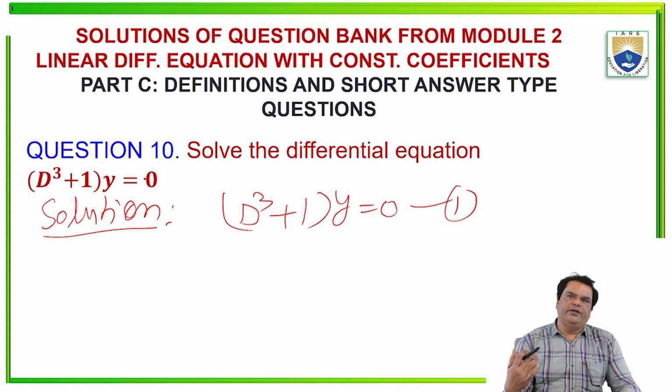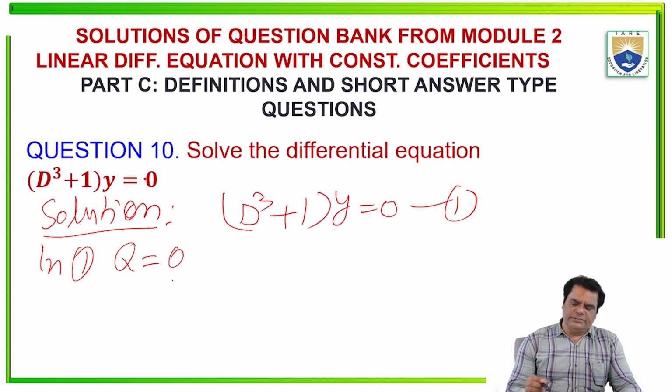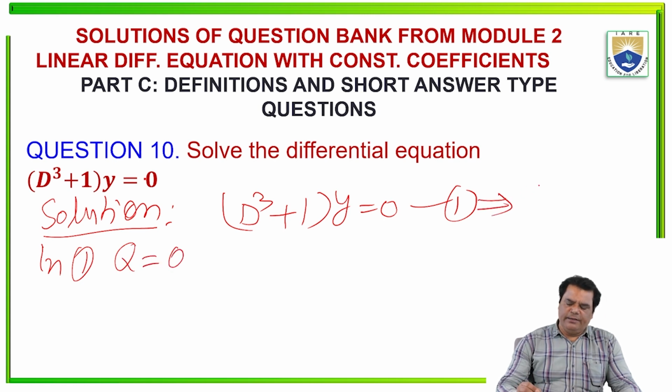This is known as a differential equation of higher order with constant coefficient. But here in 1, Q is 0. This is the type of equation: F of D into y is equal to Q.